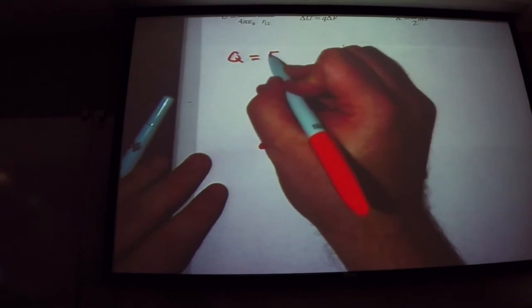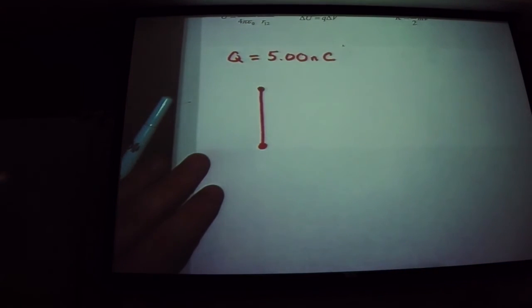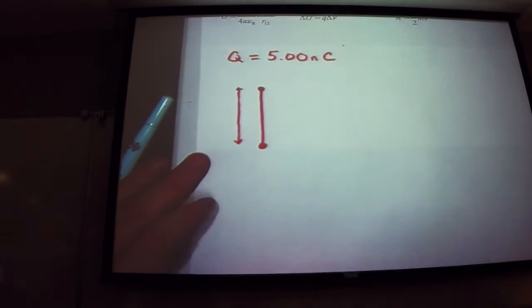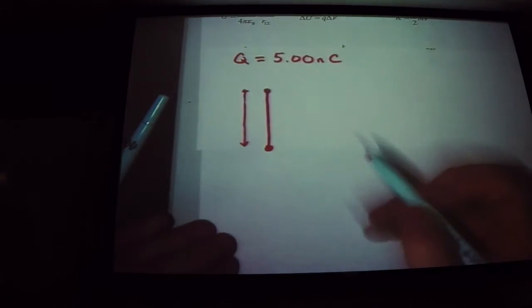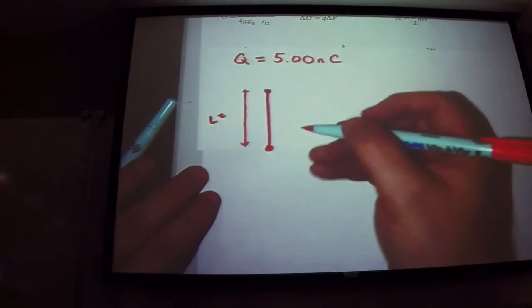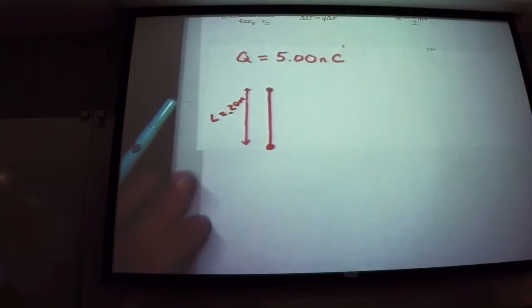So I'm going to put 5 nanocoulombs of charge on this thing, and it's a line of charge, and it has a length of, I don't know, 0.20 meters. Okay, 0.2 meters.